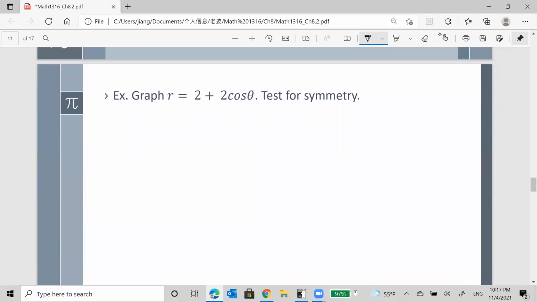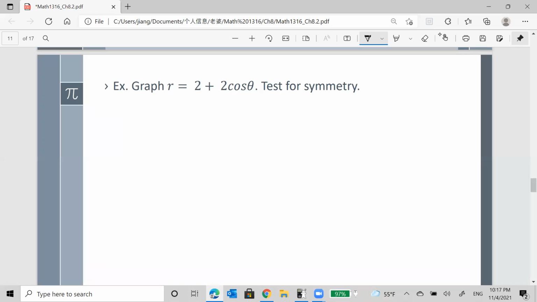Okay, let's see. Graph r equals 2 plus 2 cosine theta. Because here we mentioned this is A, this is B, and this is A plus B cosine theta. So A equals B. That means this is a heart shape, and this is cosine theta, so my heart shape should be lying on the polar axis.